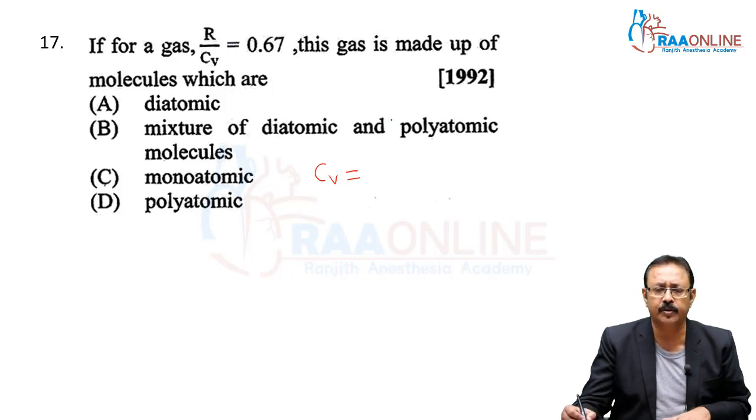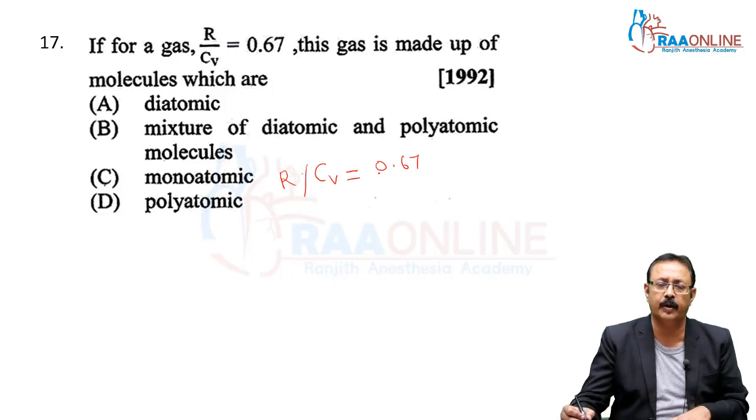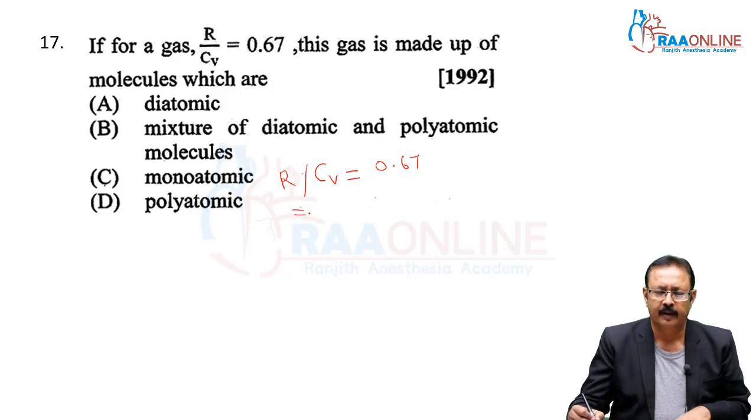Take Cv on that side. They are saying R upon Cv is equal to 0.67, which means 2 by 3.